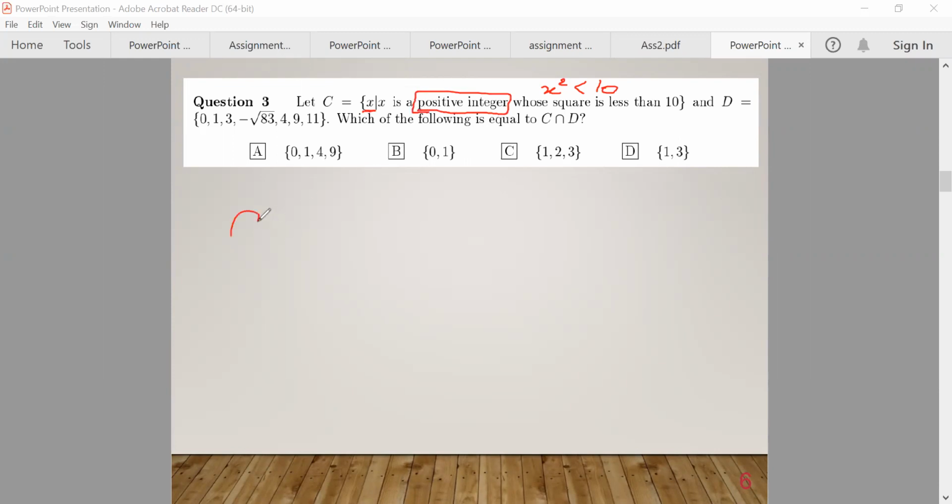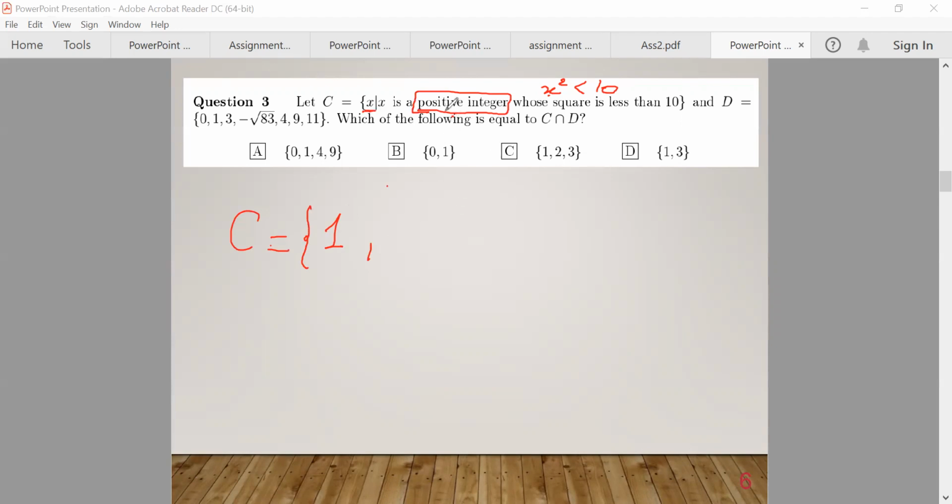Then what are the elements of C? Positive and integer. We check 1. 1 is a positive integer and 1 squared is less than 10. So 1 satisfies the conditions.